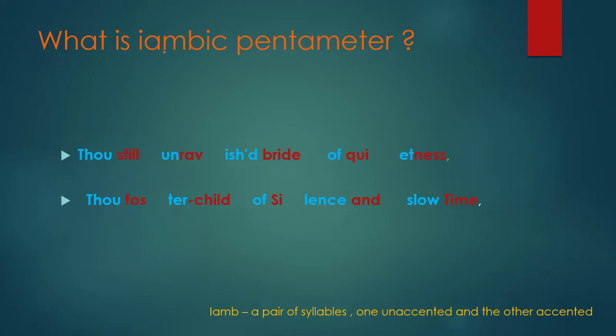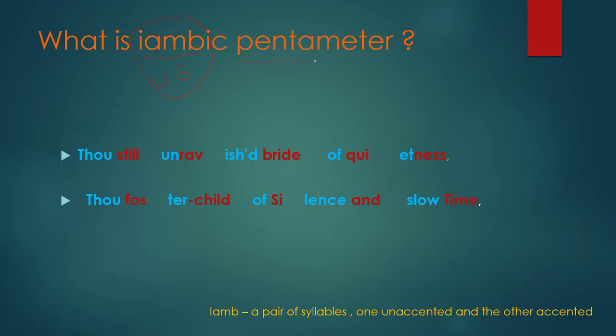Now we know that an iamb is a foot in which we have one unstressed followed by a stressed syllable. We know this one. What is an iamb? An iamb is a pair of syllables, one unaccented, meaning unstressed, and the other accented, meaning stressed. Now we know what is an iamb. Now what is pentameter?